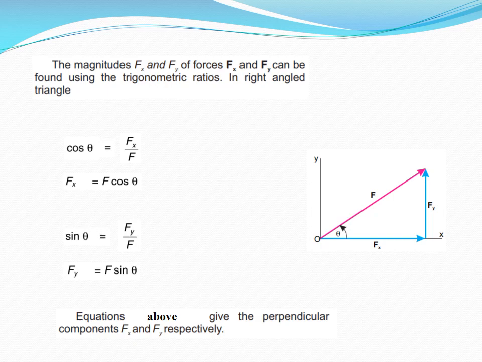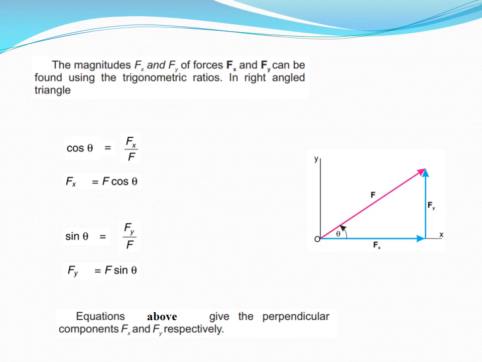As we have introduced these two components, let's find their values. Fx is termed the horizontal component and Fy the vertical component. The magnitudes of Fx and Fy can be found using trigonometric ratios in a right-angle triangle. Here cos theta equals base over hypotenuse, that is Fx over F, and from this we get the horizontal component Fx equal to F cos theta.